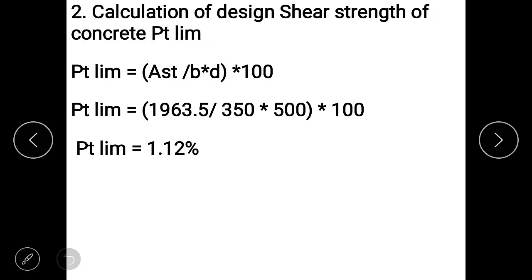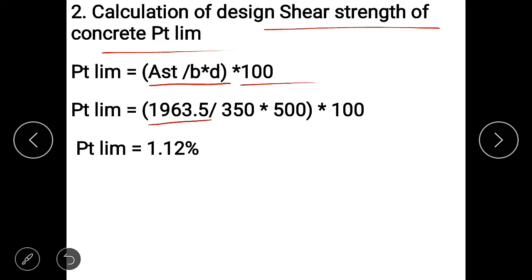Now we have to find the design shear strength of concrete. We have to calculate the percentage pt. The formula to calculate percentage pt is AST divided by B into D into 100. AST is 1963.5. How did we calculate AST?